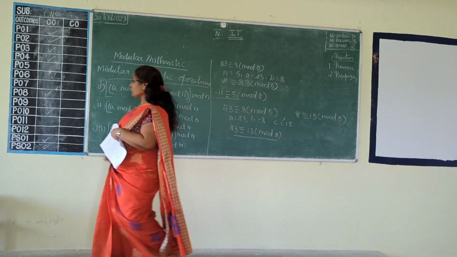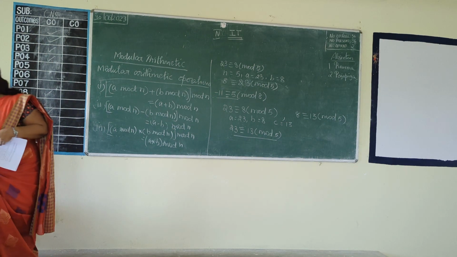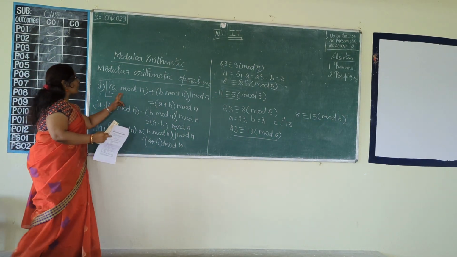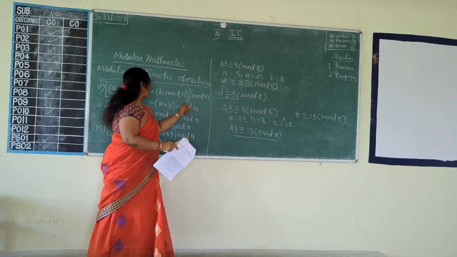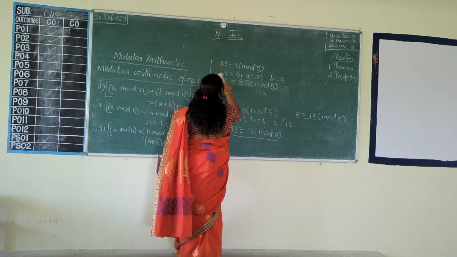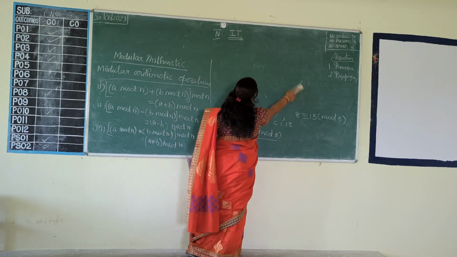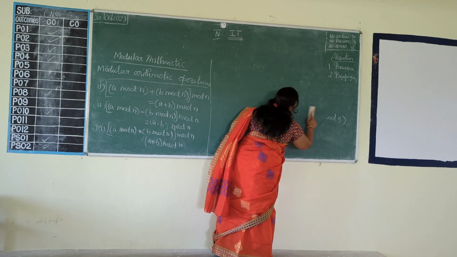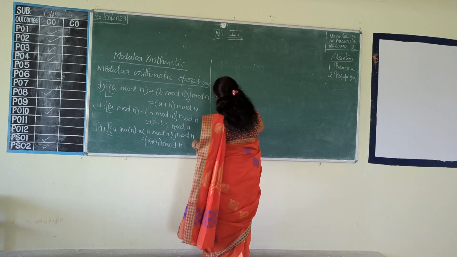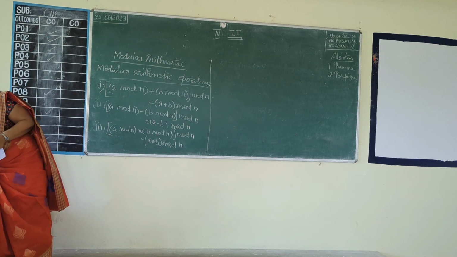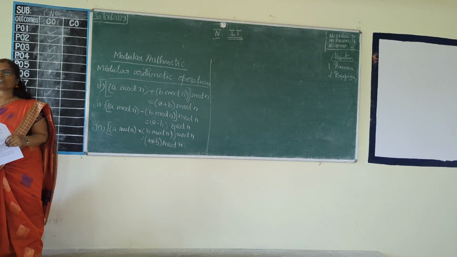Shall we demonstrate each property? We take an expression, we take the value for each. A mod n plus B mod n, mod n, is equal to A plus B mod n. I will do only one operator. I want you to repeat for the other operations. Simplification and all is not required.